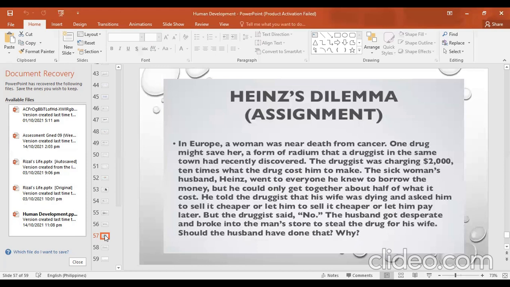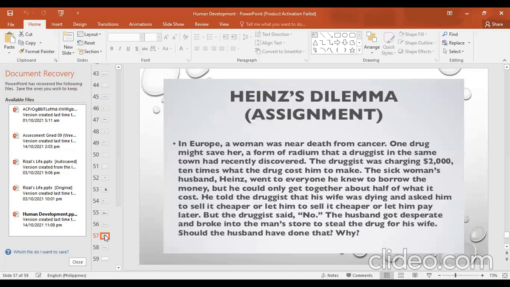The sick woman's husband, Haynes, went to everyone he knew to borrow the money, but he could only get together about half of what it cost. He told the druggist that his wife was dying and asked him to sell it cheaper, or let him pay later.